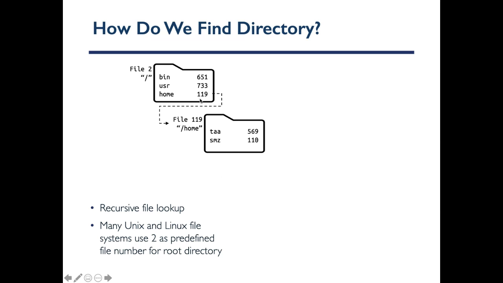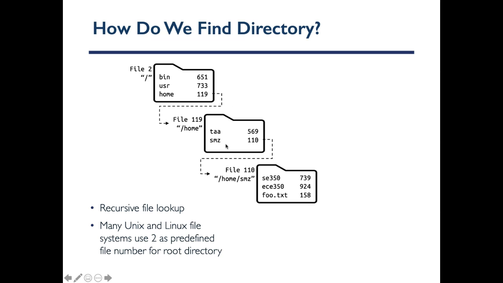Now I see that home is file 119. So I now have this number. I can open that file. I can recursively now search for SMZ. Now SMZ has 110. I can now open file 110, which would be SMZ. And now I can look for foo.txt.